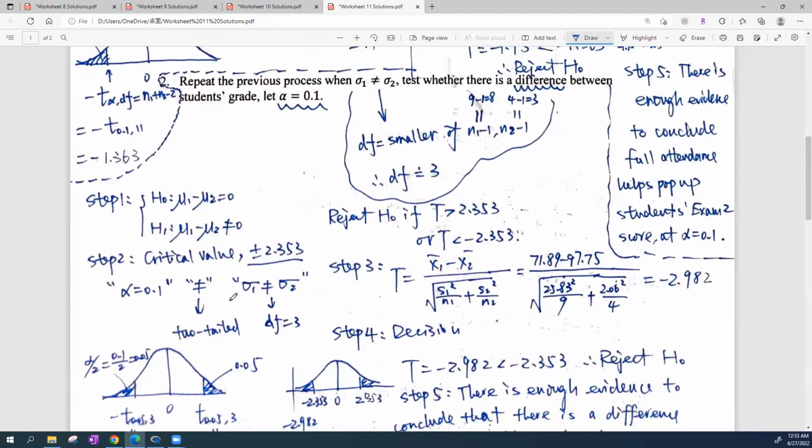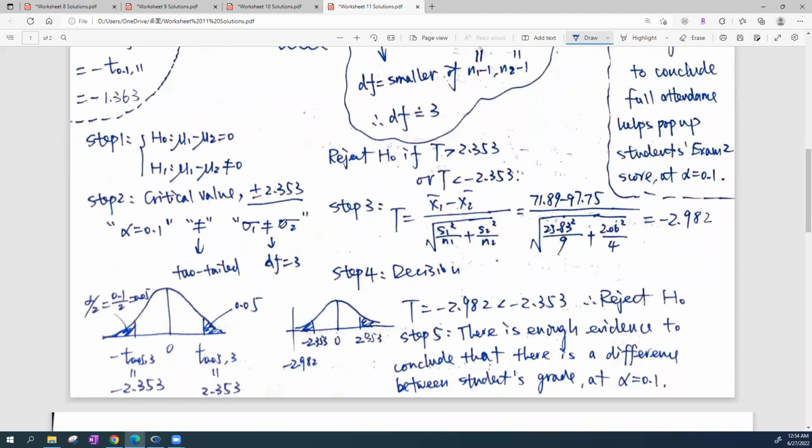So the critical value is based on the alpha significance level, whether it's one tail or two tail, and then sigma 1, sigma 2 known or unknown, and then whether they're the same or not. So from there, sigma unknown, then we have to look at the t distribution, and they're not the same.